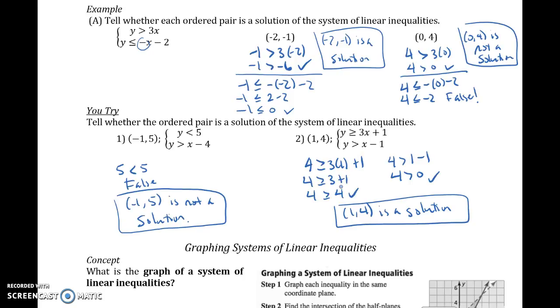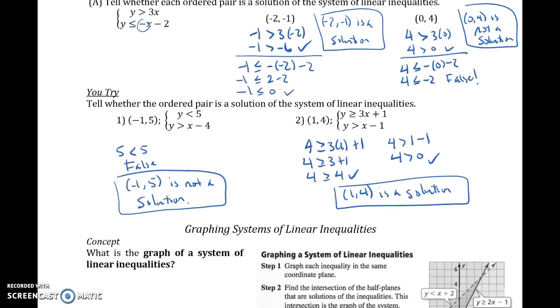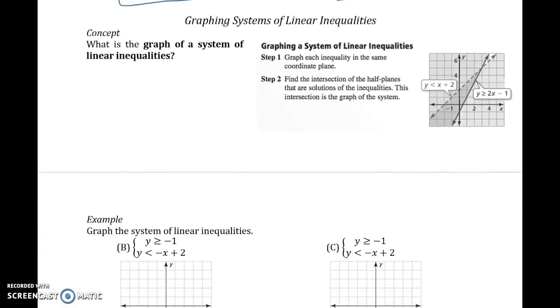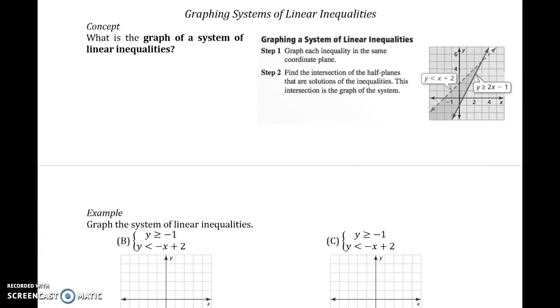Okay? Now what does the solution look like when we graph it? Let's take a look at how we graph a system of linear inequalities. Remember, with one inequality, we had one shaded region. Now, when we graph a system, we're going to have overlapping shaded regions.